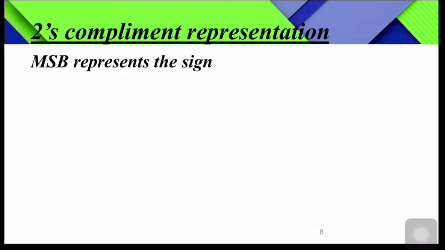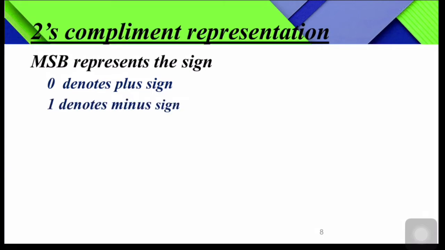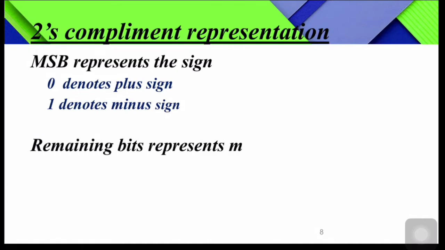Got it? A 0 at MSB denotes plus sign and a 1 at MSB denotes minus sign. The remaining bits are used to represent the magnitude of the number. For example, consider an 8-bit system. Here, MSB represents the sign of the number and the remaining 7 bits are used to represent the magnitude of the number. Got it?